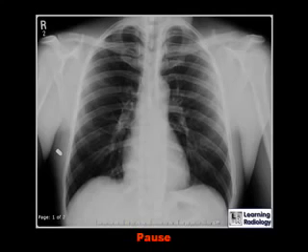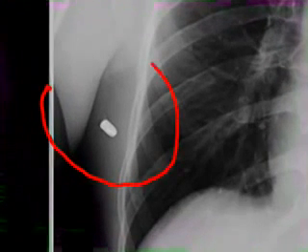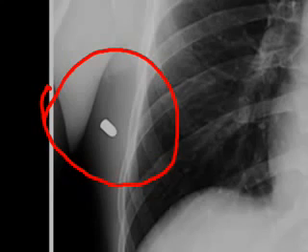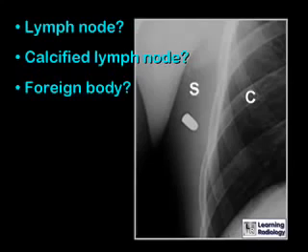Well, you were correct if you identified an abnormal density superimposed on the right axilla. If we examine the density of that abnormality more carefully, we can tell that it is not a lymph node, because it should be the same density as all the other lymph nodes in the axilla, and it's actually much denser than soft tissue.